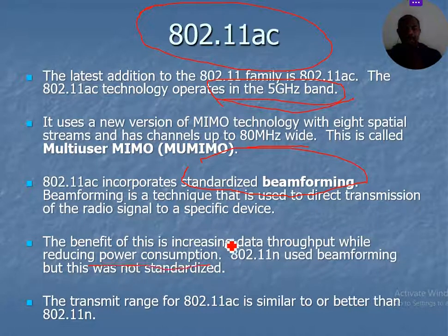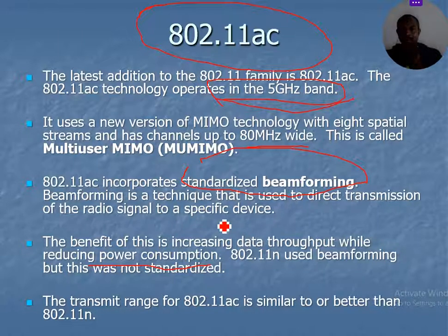That's why we have the standardized one, which is called the multiple user MIMO, which has solved the problem of power consumption. So it reduces the power consumption by using what we call standardized beamforming, sending only a direct radio frequency signal to only the specific device that it is meant for, not broadcasting it to multiple devices.